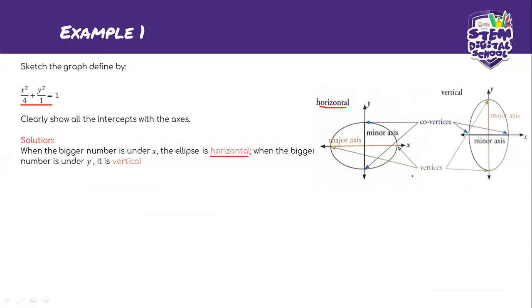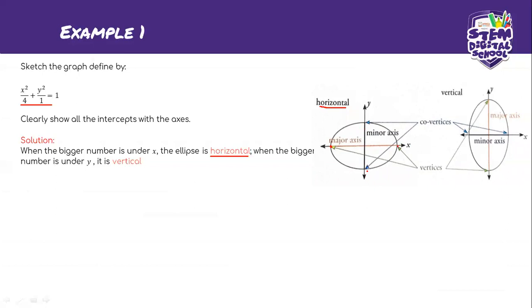Where our vertices are going to be on the major axis. You can see that this point is going to be the first vertex, and this is going to be the other vertex, and you can see that it is on the major axis, on the x-axis, right? And then the co-vertices are on this line, what you call the minor axis, right?